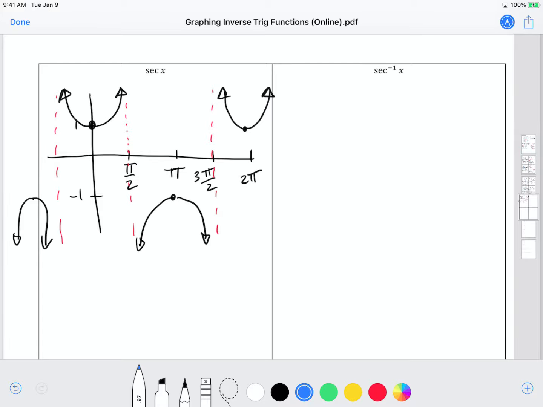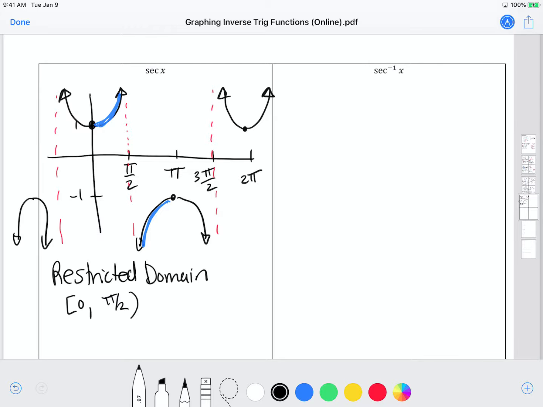For secant, we restrict the domain so that we keep this piece here and this piece here, so that it's a one-to-one function. So the restricted domain is going to be from 0 to pi/2.